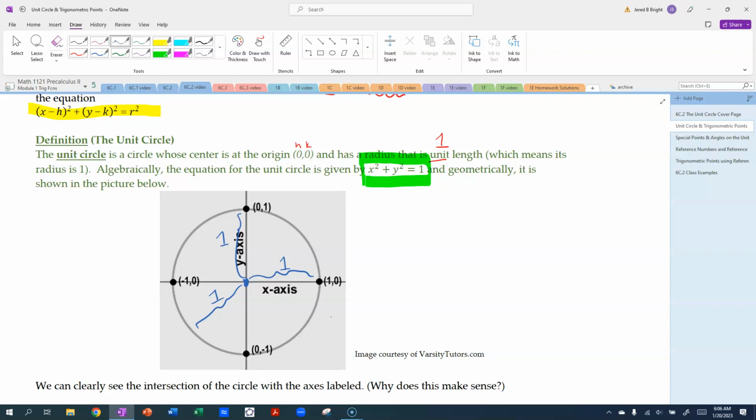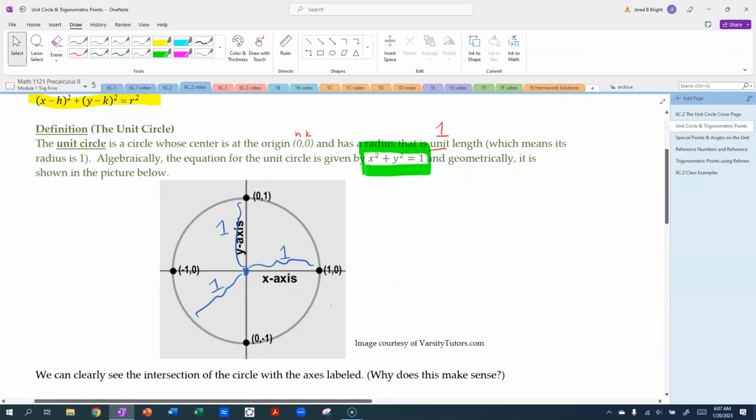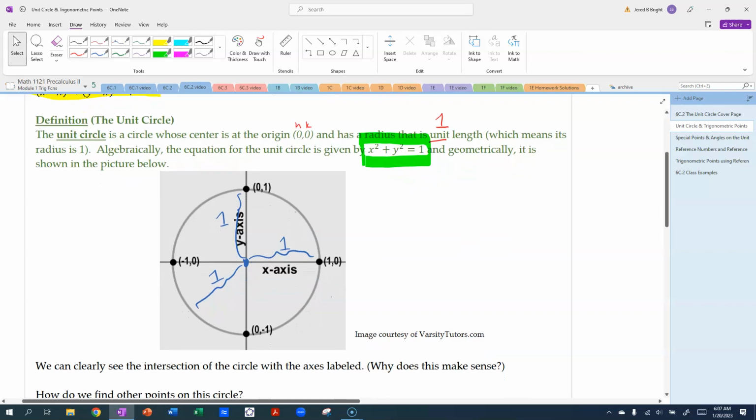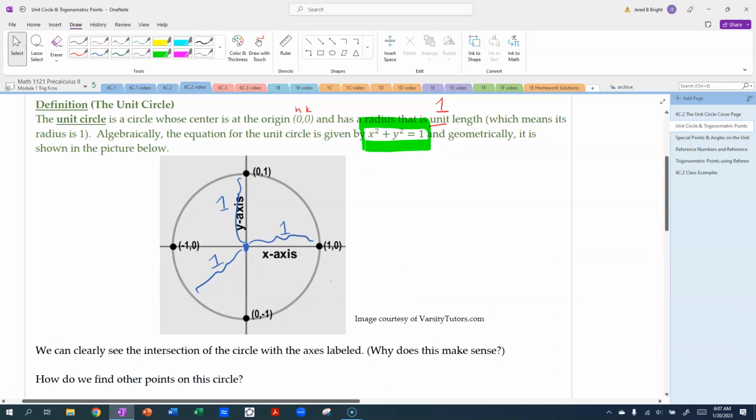You can see that the intersections of the circle and the axes are labeled: (1, 0), (0, 1), (-1, 0), (0, -1). Why does this make sense? Because we go a distance of 1 from the origin. Those are four nice points on the unit circle. We will be using those very frequently, so commit them to memory.